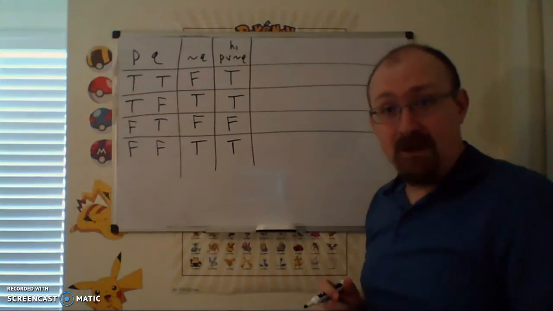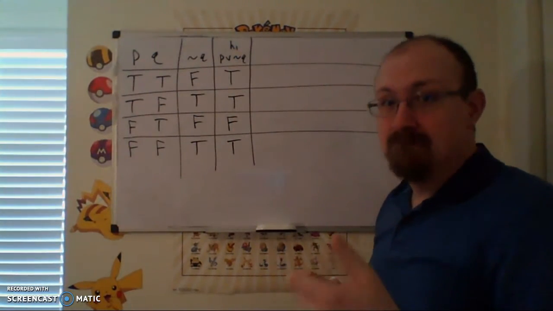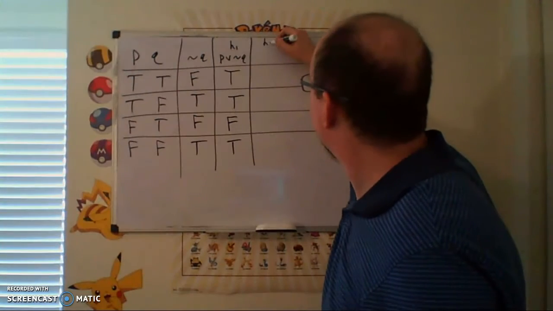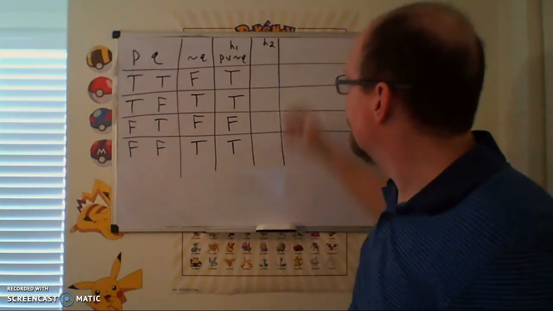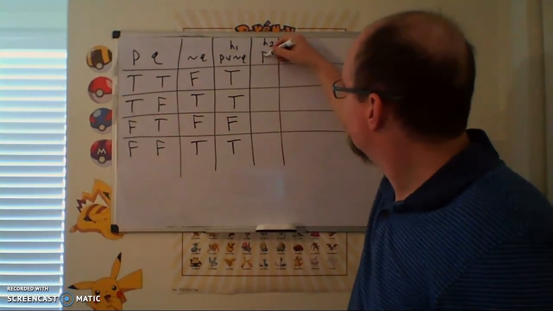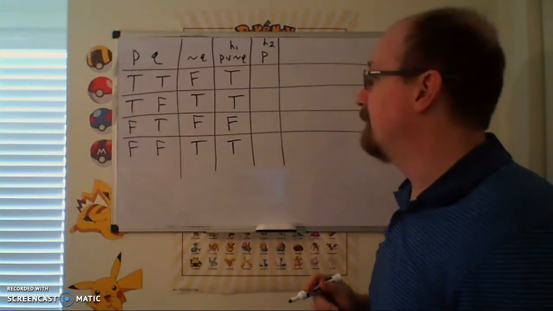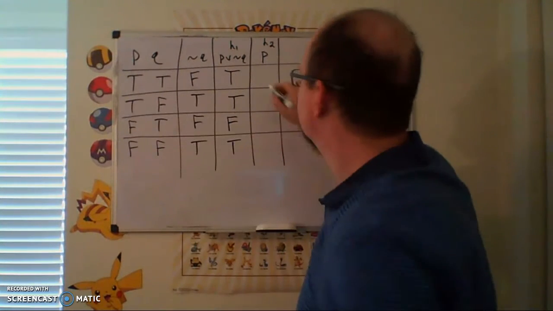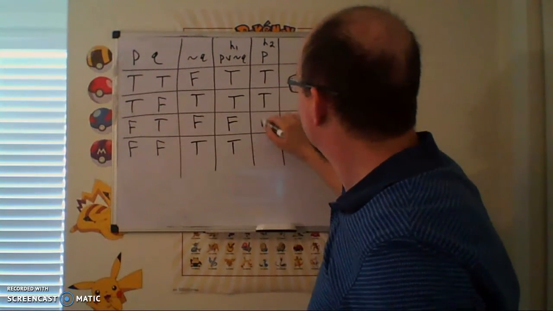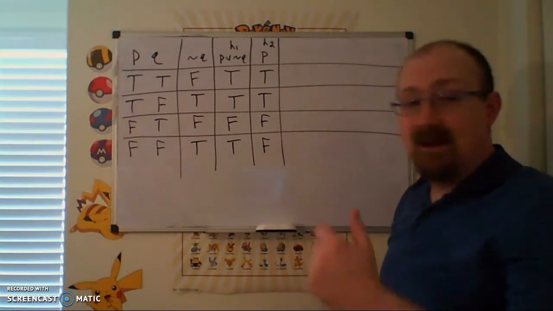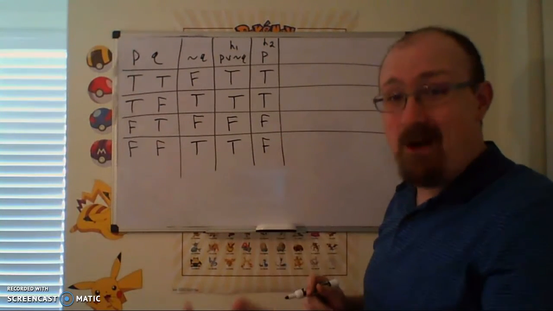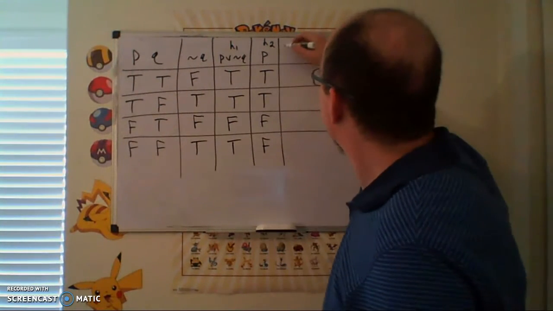All right. H1, check. H2, not so painful. It is simply P. So copy and paste. True, true, false, false. I have both hypotheses now sketched out in my truth table.